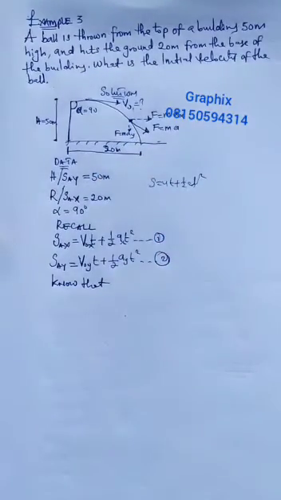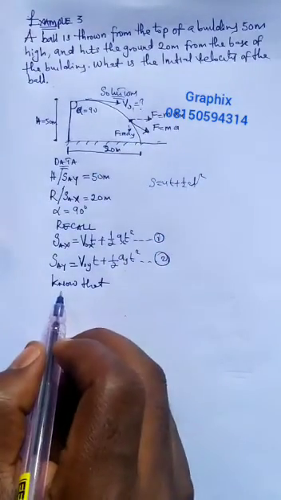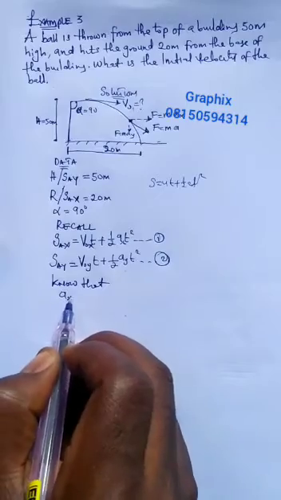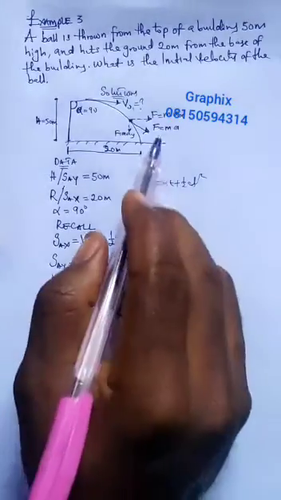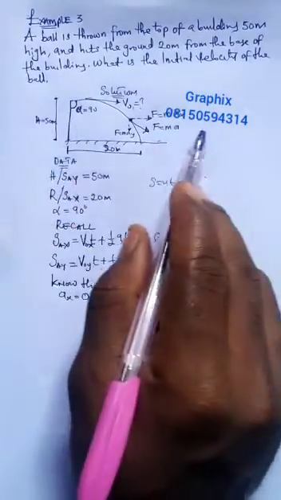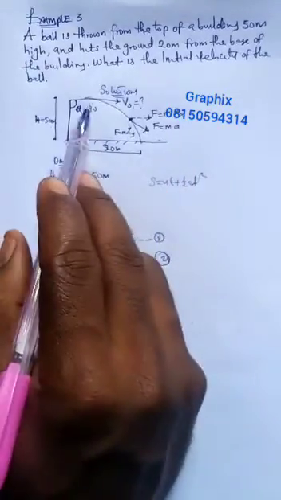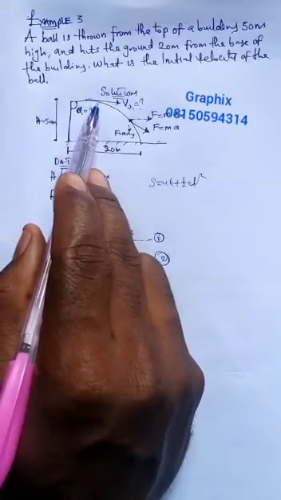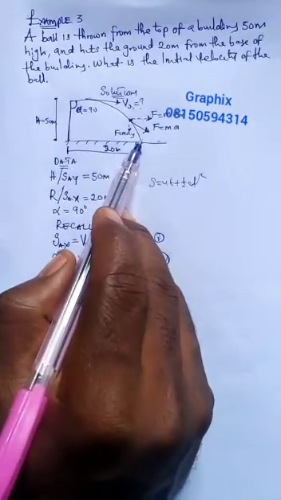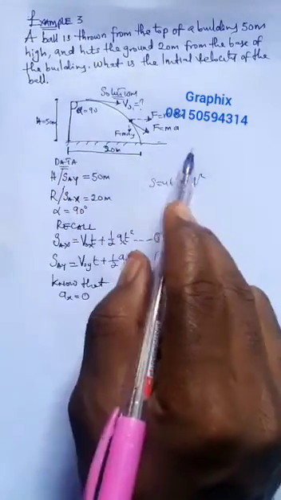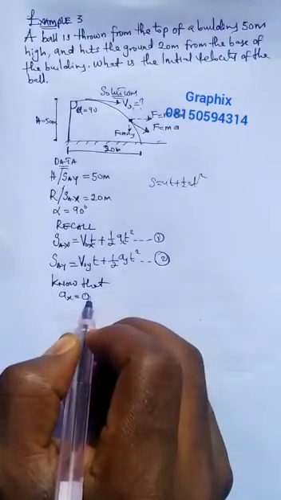Are we good? So at this point, my AX will be equal to 0, because there is no acceleration along the horizontal axis, only acceleration due to gravity. Is that taken? Along horizontal, there is no acceleration, so it is 0.